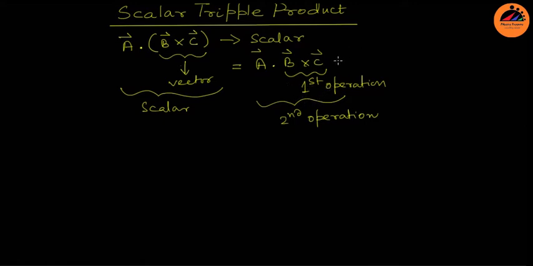That's the rule. So there's no point giving brackets. And also I shall tell you, you can switch this dot and cross. That is also possible. We need to prove this later. But let me first explain what a scalar triple product means.